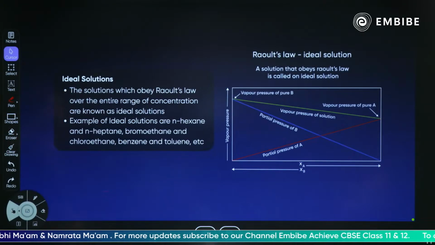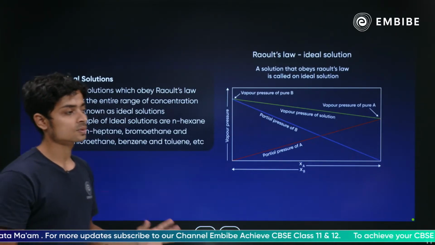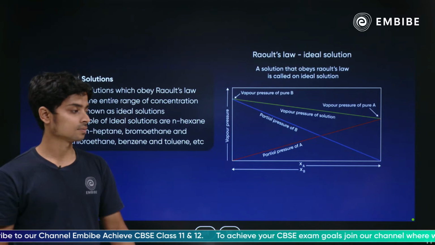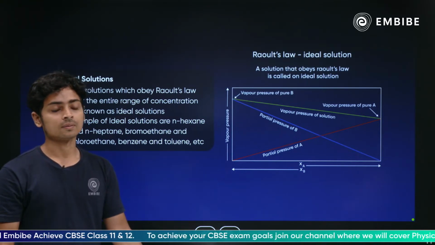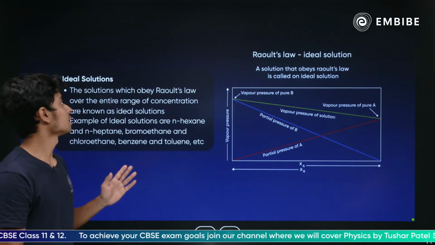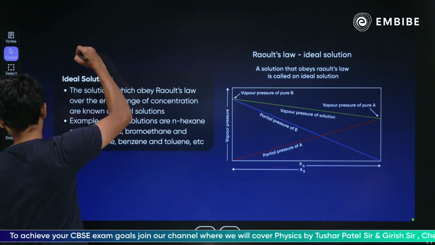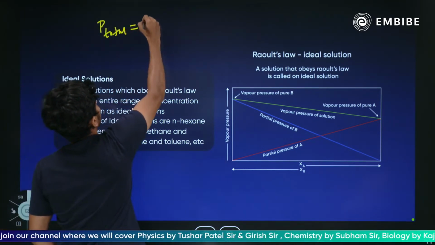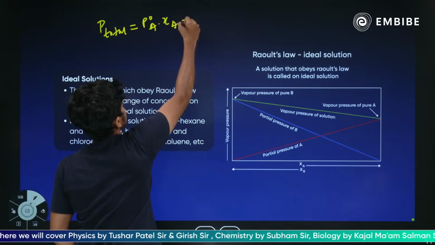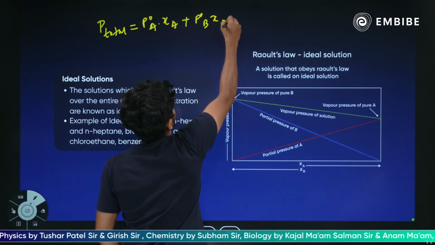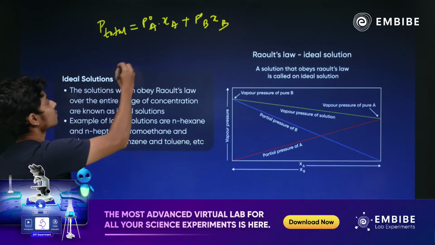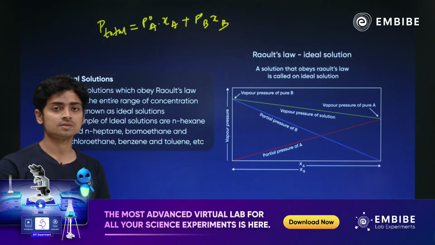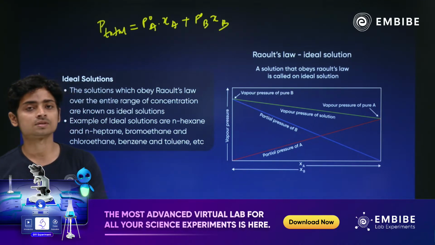Now we come to types of solutions. Last class we learned about Raoult's law, the formula for an ideal mixture, a solution containing two liquid components. We came to the conclusion that P total is equal to P naught A into xi of A plus P naught B into xi of B. If you have a liquid mixture of two components, one is a solute and one is a solvent, the solute being the liquid in lower quantity and the solvent being the liquid in higher quantity.